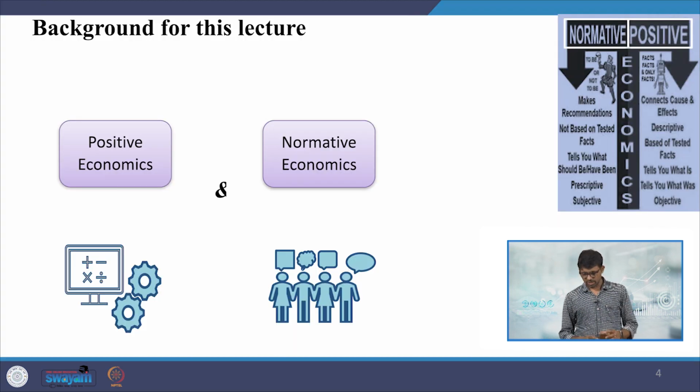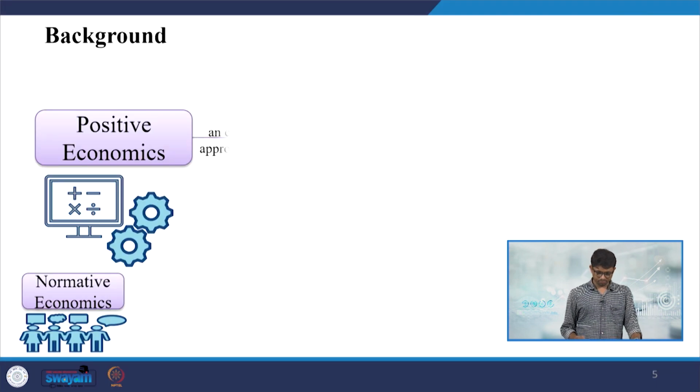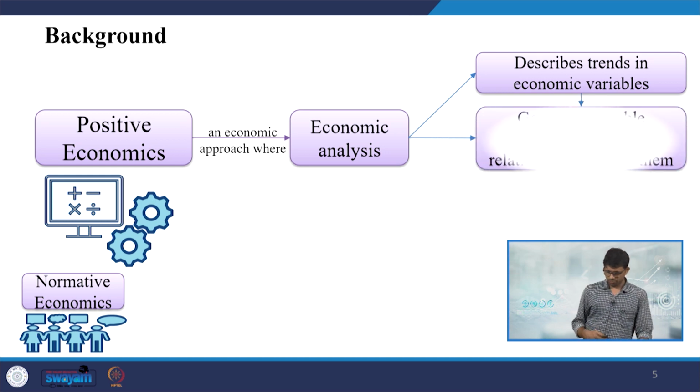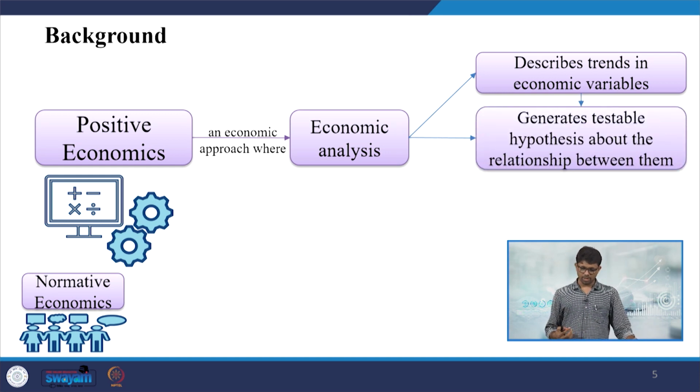In the picture you can easily find the clear difference between positive and normative economics. Based on the normative one, we refer to norms and principles. Whereas in the positive one, we usually refer to descriptions of economic variables like trends.